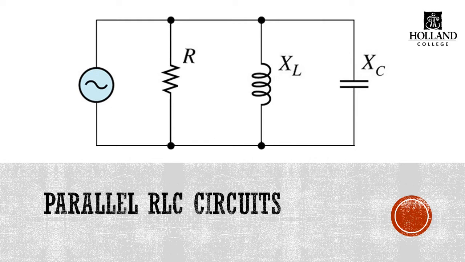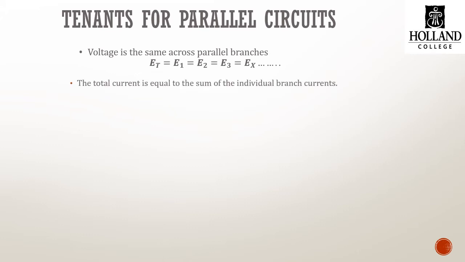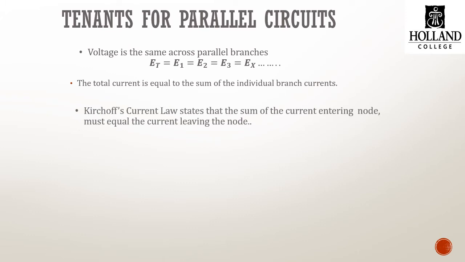Let's see how it works in a parallel RLC circuit. All of our tenets for parallel circuits still hold true. Voltage is common. The current is the sum of the individual branch currents. Kirchhoff's current law says the sum of currents entering the node must equal the currents leaving the node.